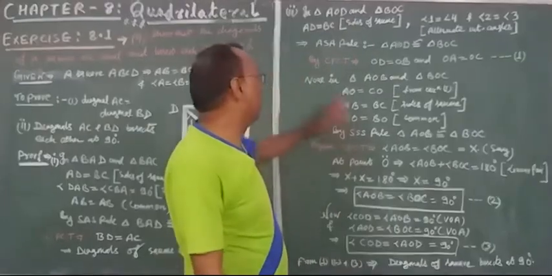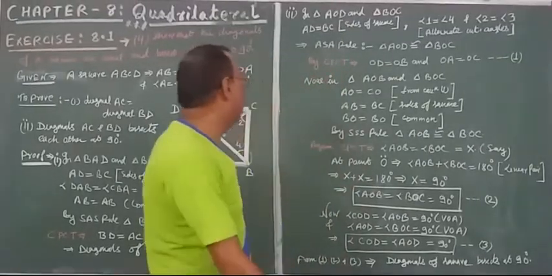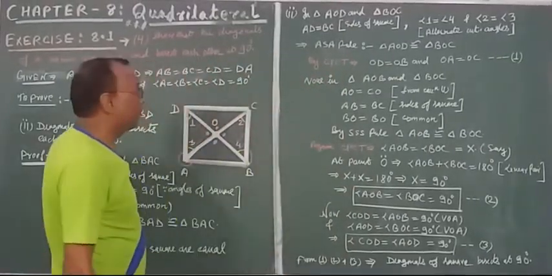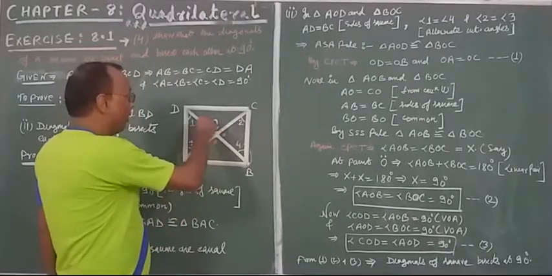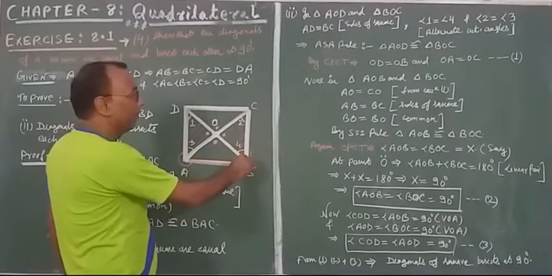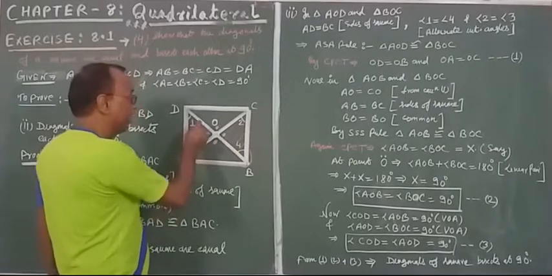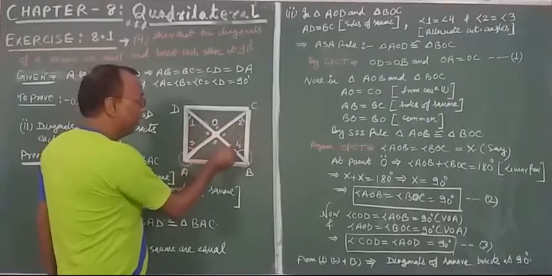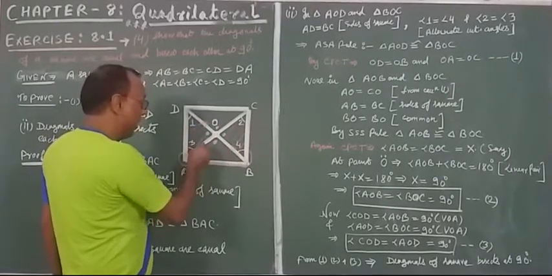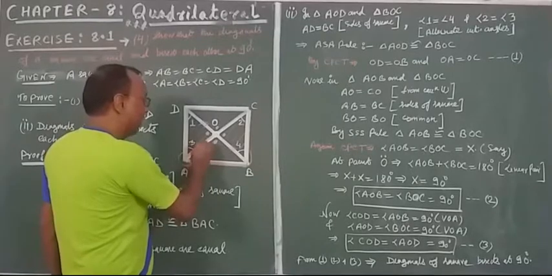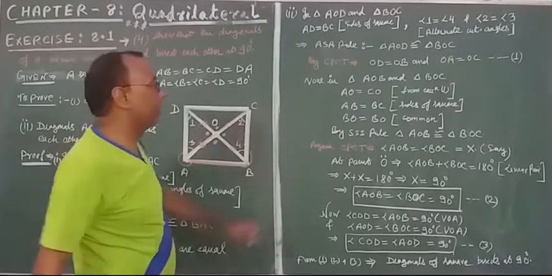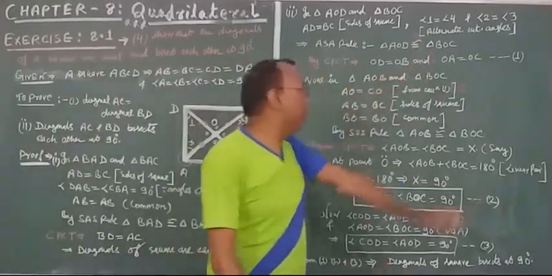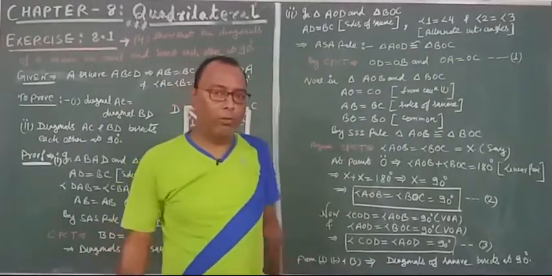So therefore, using CPCT, we can say that OD is equal to OB, and OA is equal to OC.